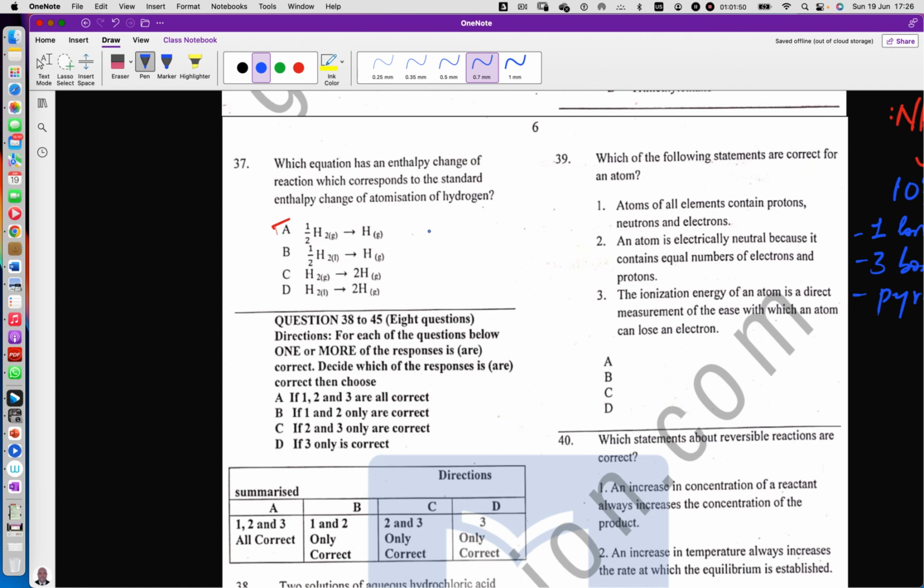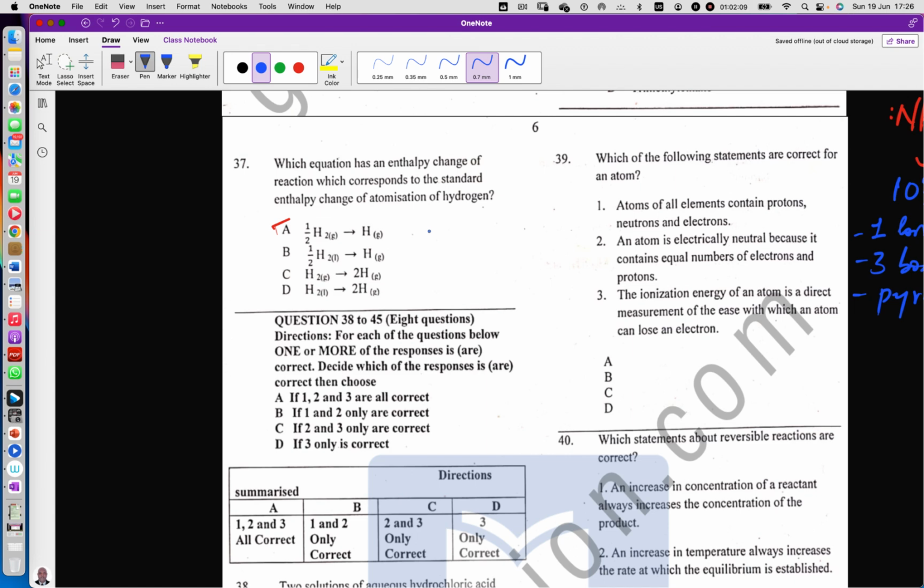Atoms of all elements contain protons, neutrons, and electrons. You need to know atomic structure. The atom is composed of what? Okay, atoms of all elements contain proton, neutron, and electron.